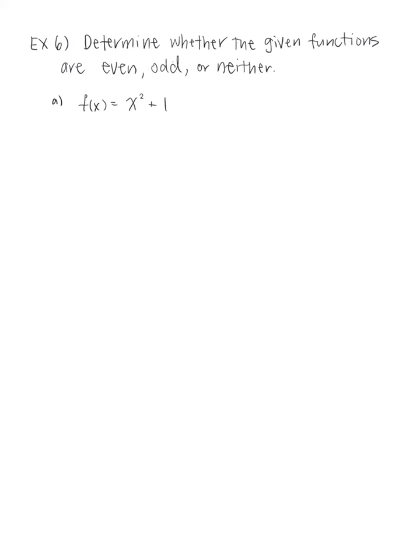Example 6, determine whether the given functions are even, odd, or neither. So let's do a few problems here. Here is our first: f of x equals x squared plus 1. Let me just rewrite. We say that f of x is even if f of negative x equals f of x.